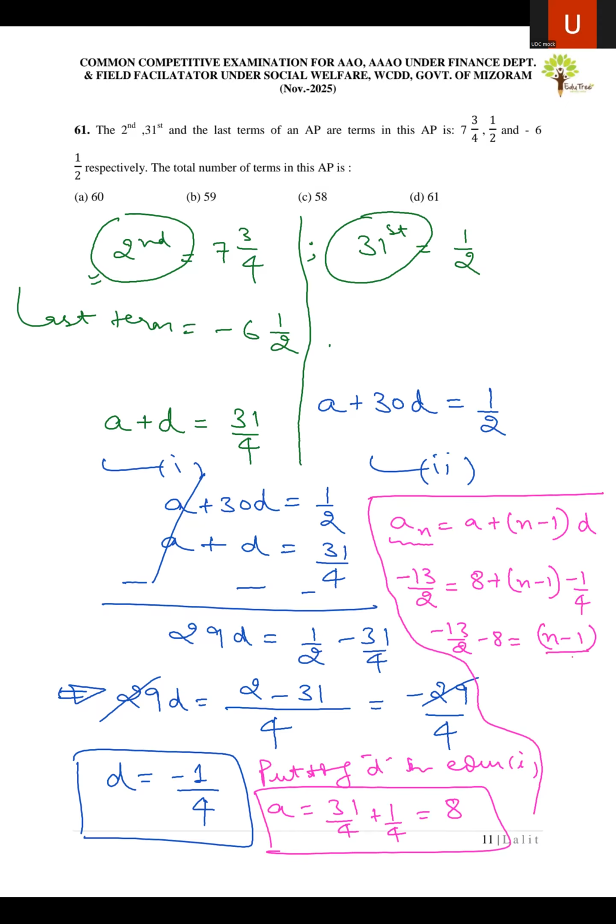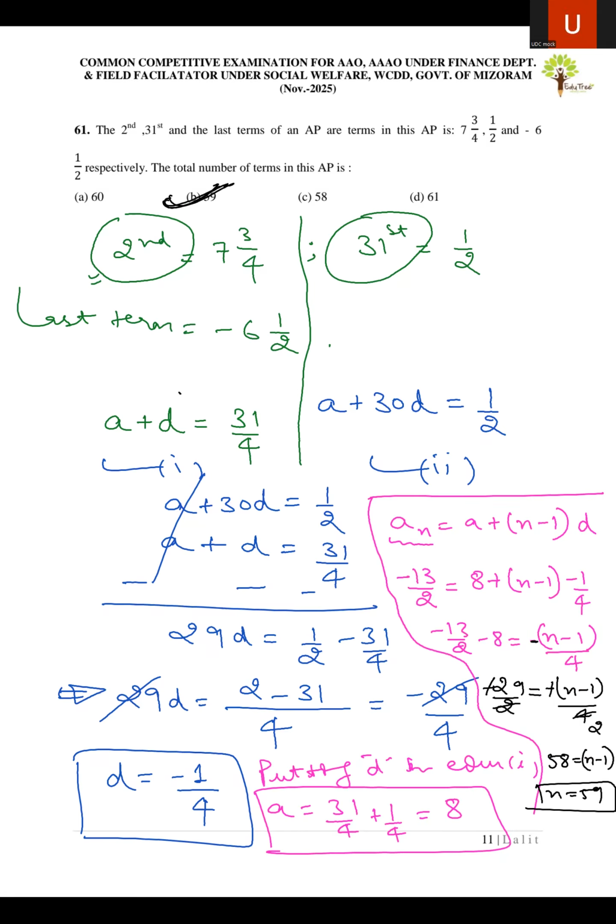This will be minus 29 by 2 equals minus n minus 1 divided by 4. This minus will be cancelled out. This is 2 times. This will be 58 equals n minus 1. And we can say n equals 59. All right, so 59 will be the answer for this, option number B.